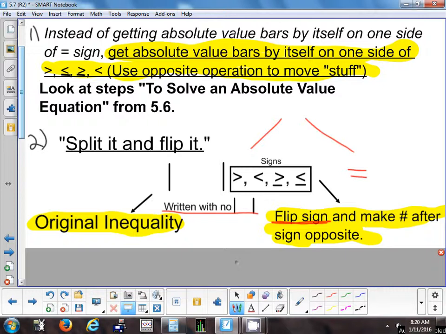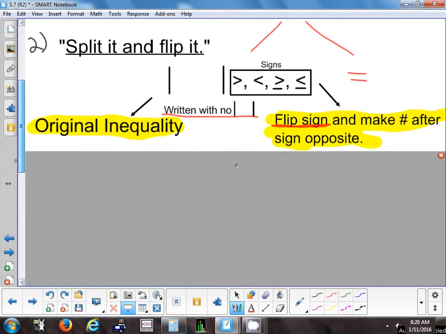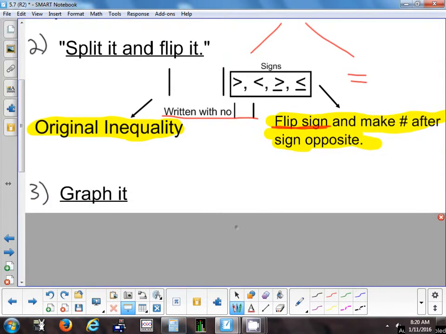Remember we did absolute value and we got the absolute value bars by itself? And okay, there's nothing else outside the absolute value bars, and it equaled a negative. What did that mean? Does everybody remember if the absolute value bars by themselves equal a negative? Can absolute value be measured in terms of negative?